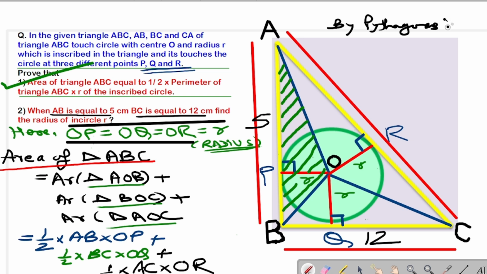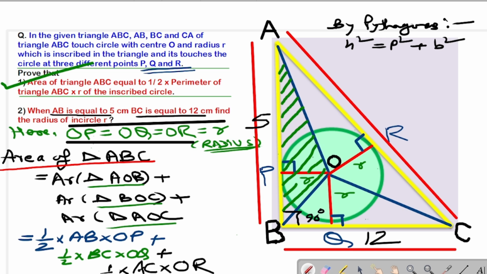Now we will calculate the length of AC. How? Let us see. Just apply the Pythagoras theorem. We know that by Pythagoras theorem, if triangle ABC is right angled at B, then hypotenuse square equals perpendicular square plus base square.